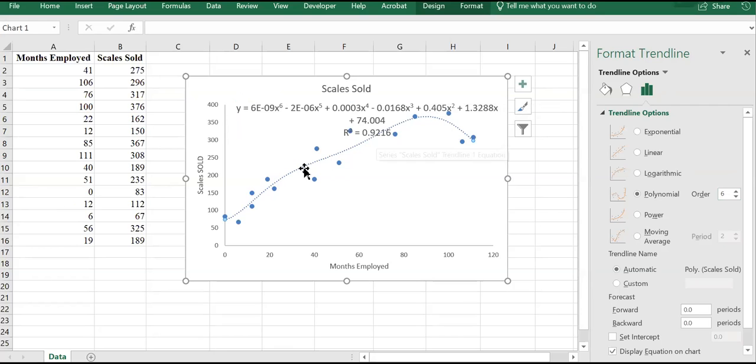So from quadratic to here, what happens is that my R squared went up by almost 2%. If I just decrease it back to 2, you see 90%, and by 6, 92%.